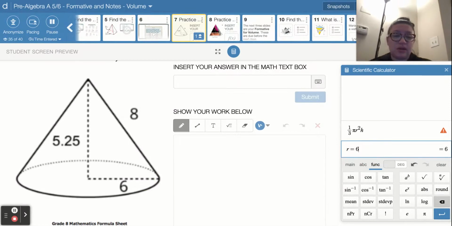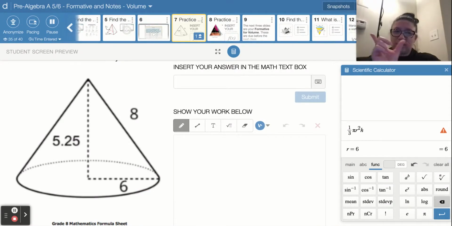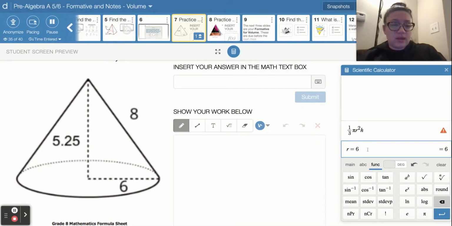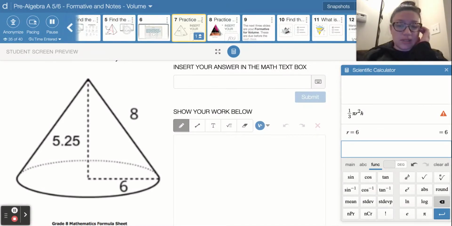So I tell my calculator that my radius is equal to 6. Sometimes on these pictures, the line will go all the way across. That's the diameter if it goes all the way across. But I only need the radius. So if it gives me the diameter all the way across, I have to divide it by 2 to get just the radius. So I tell my calculator that my radius is equal to 6.